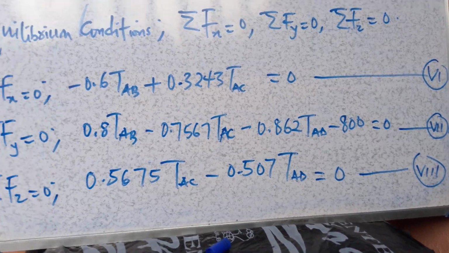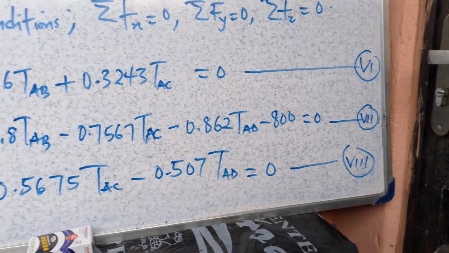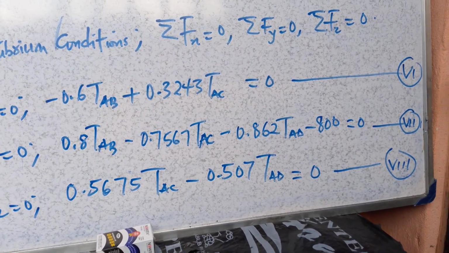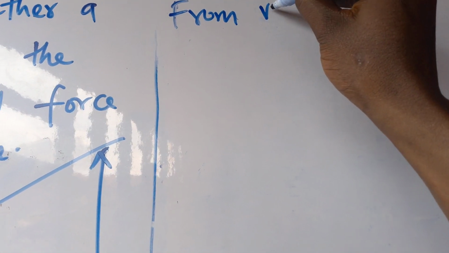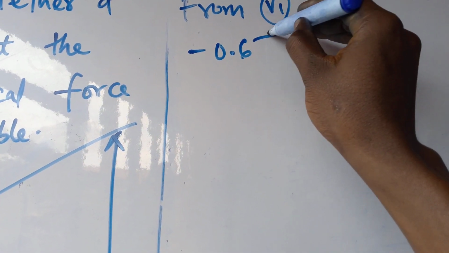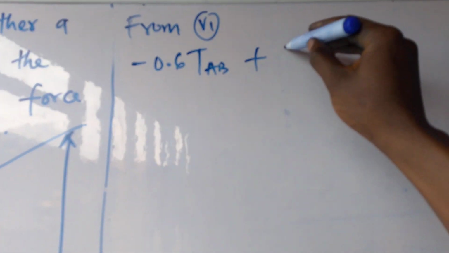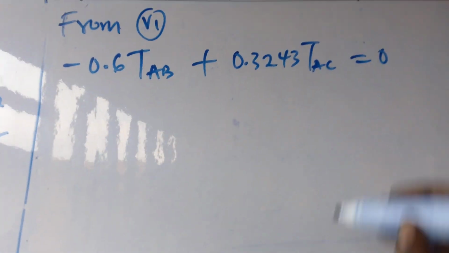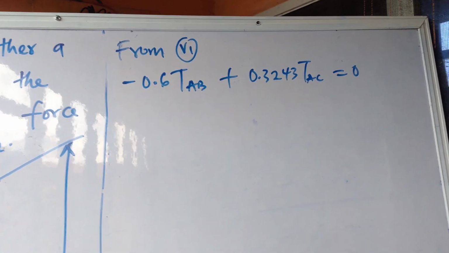Okay, then I can solve that, starting from equation 6. From equation 6, I have minus 0.6 TAB plus 0.3243 TAC equals 0.